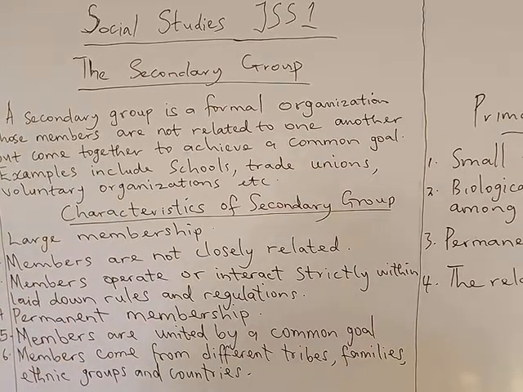And then in primary group, there is permanent membership, while in secondary group, membership is less permanent. And number four, the relationship in primary group is informal, while the relationship in secondary group is formal. And that is why we said they operate within laid down rules and regulations.